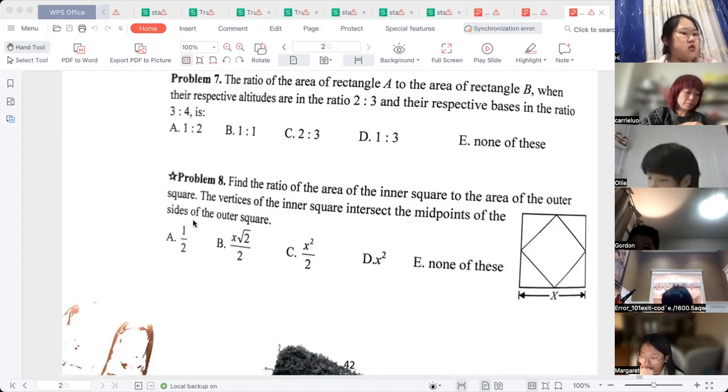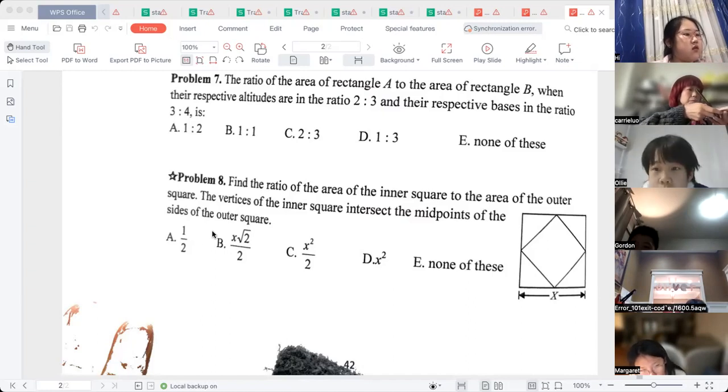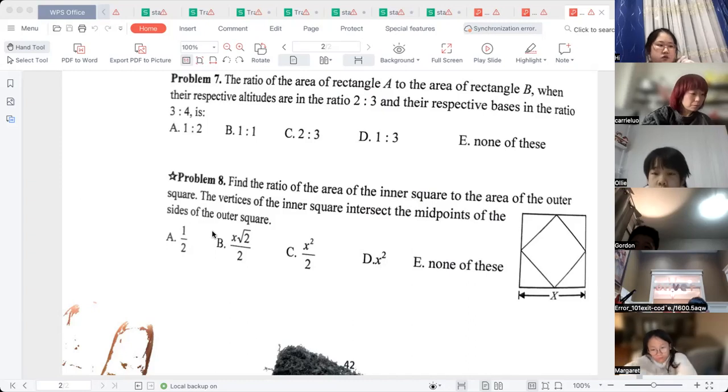Oh, number 8, sorry. Find the ratio of the area of the inner square to the area of the outer square. The vertices of the inner square intersect the midpoints of the sides of the outer square. Okay, everybody, could you please try to do this question?